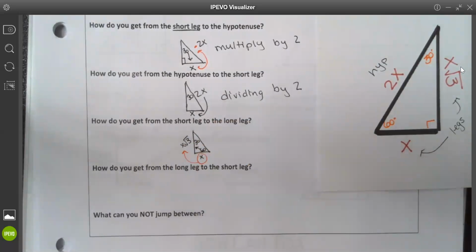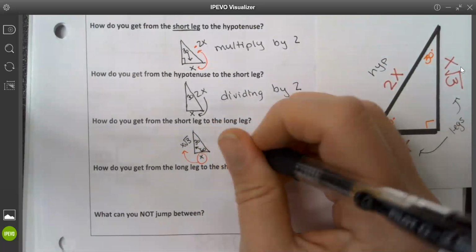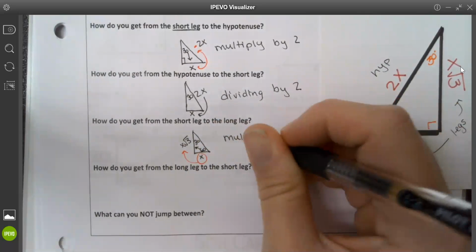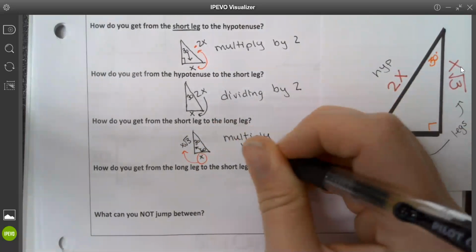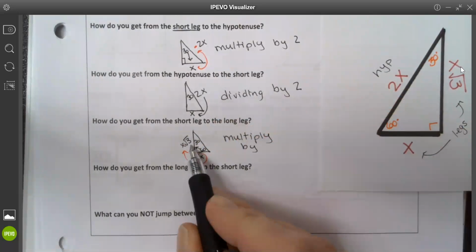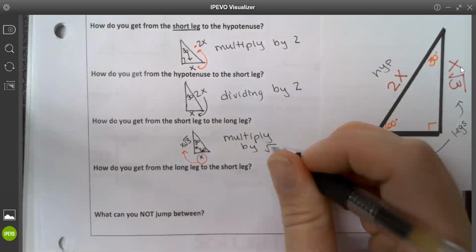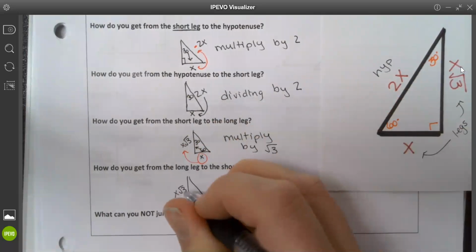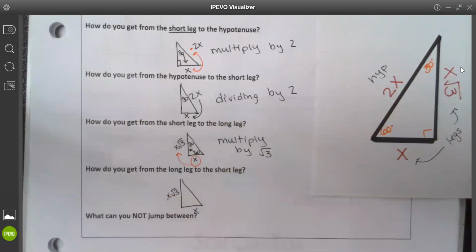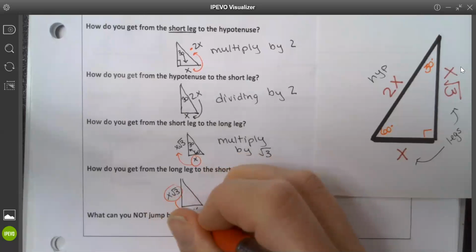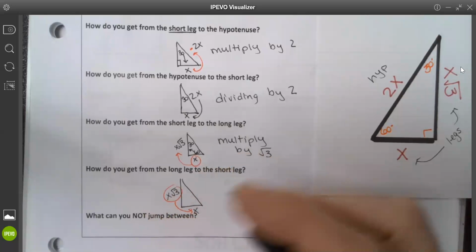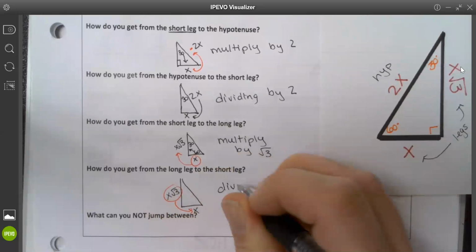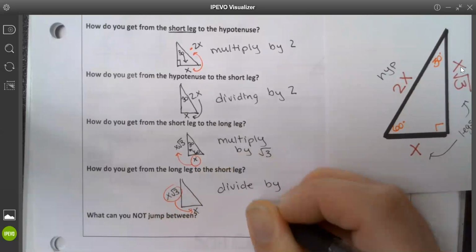I'd take x and multiply by rad 3. And if I wanted to get from this leg, x rad 3, to this short leg, I'd be dividing by rad 3.